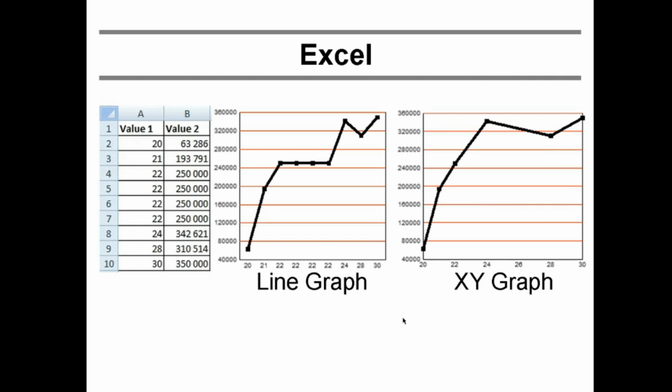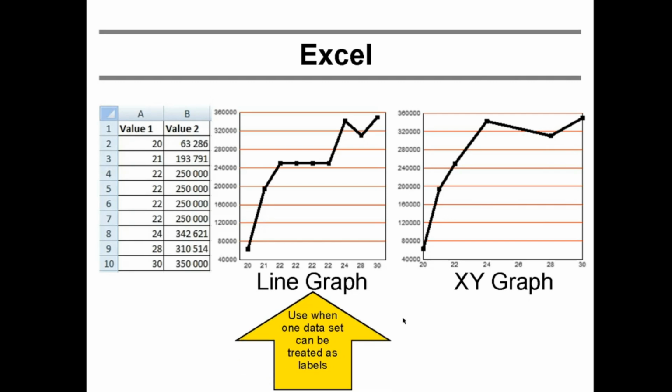Well, in a line graph, I use it when one of the data sets, in this case this one, can be treated as a label. They may not be inherent values. It's just a label, like the 22nd of February, something like this, maybe a day of the month. So if they can be treated as a label, I would do a line graph.